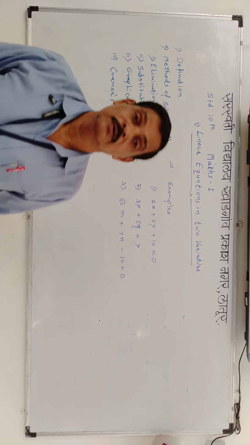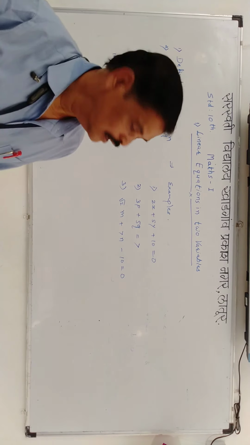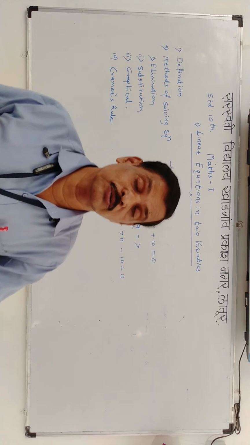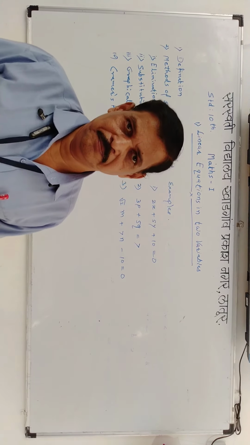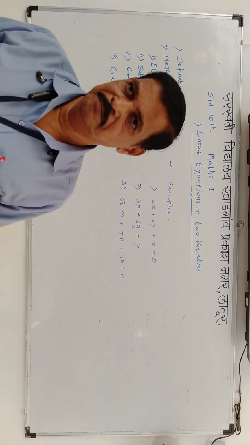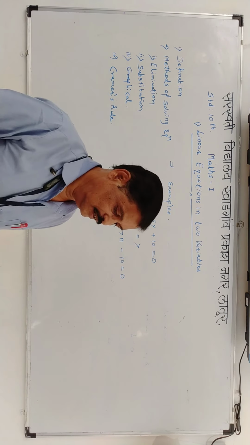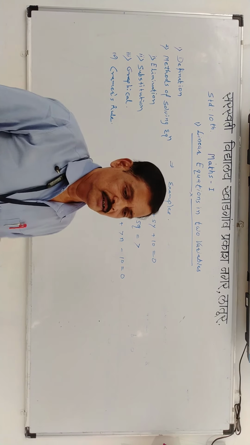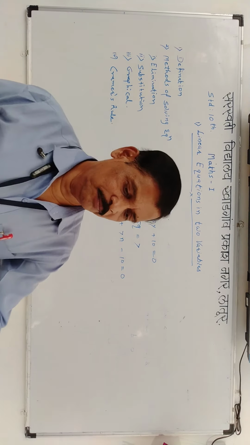Here two variables are there, and the coefficients of the variables belong to the real numbers. So all these are linear equations in two variables. The definition is that there must be two variables, the degree of the variable must be 1, and a, b, c belong to R.